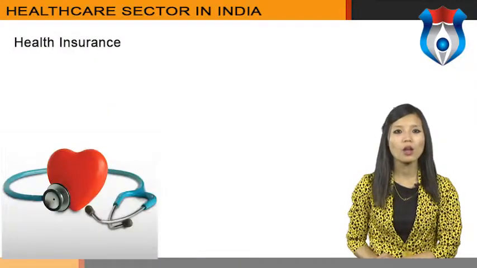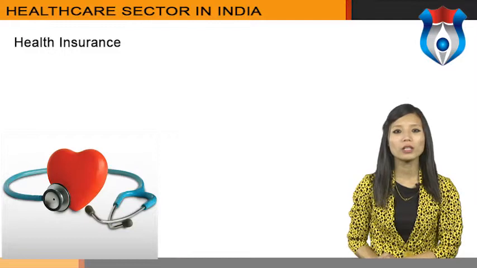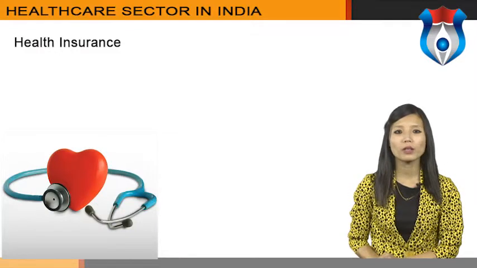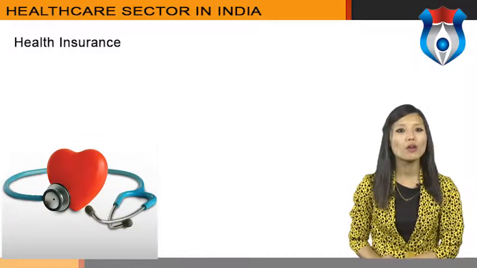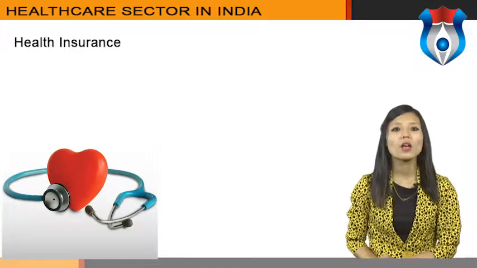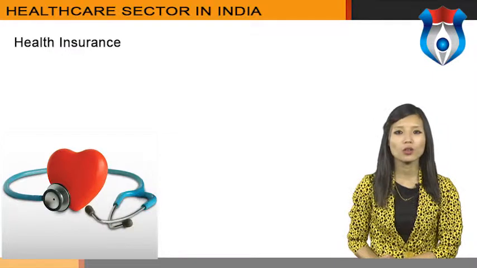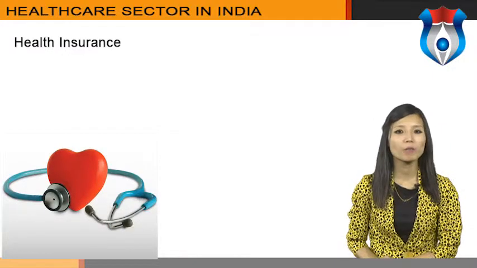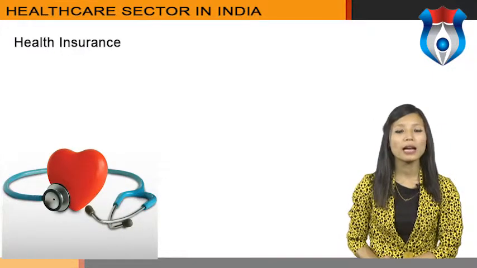Health insurance. Growing demand for high-quality healthcare has led to growing demand for health insurance. More insurers are promoting insurance policies that provide comprehensive health coverage. Multiple channels, including banks, are being used to sell group and individual health insurance policies.